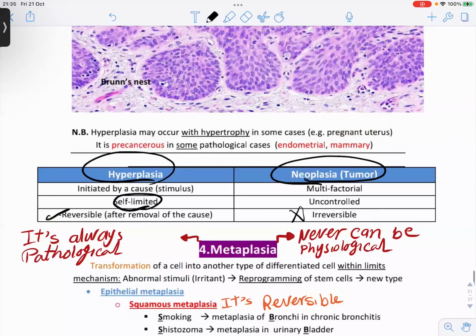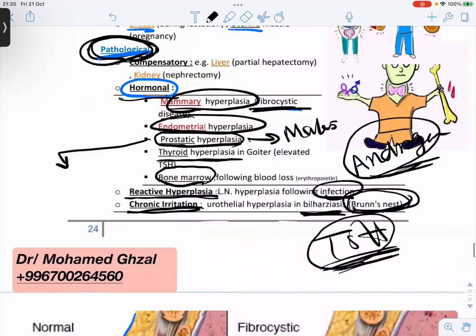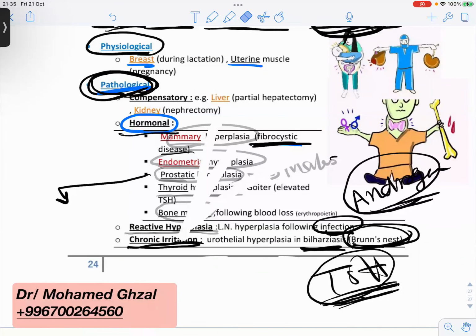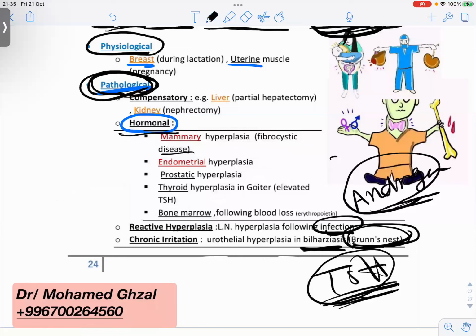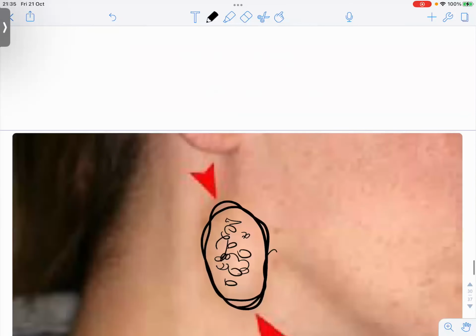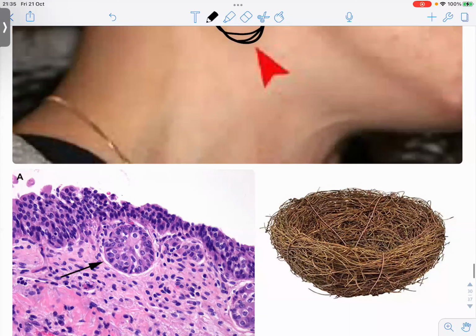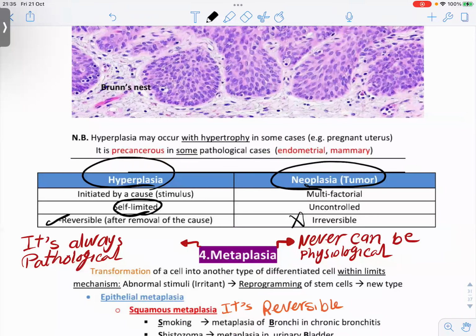For example, in hormonal hyperplasia, in goiter, you have a lot of TSH. Give something and treat the cause, and then the TSH will decrease. Then the thyroid gland will come back to the normal nature. So it's self-limited. We can control it, but in cancer we cannot control it. The only solution is to cut off the cancer.